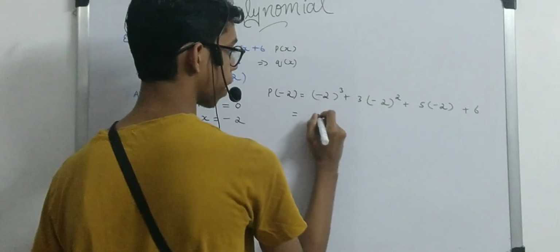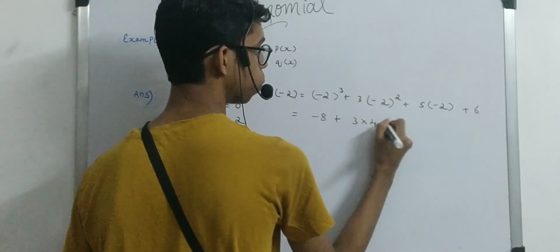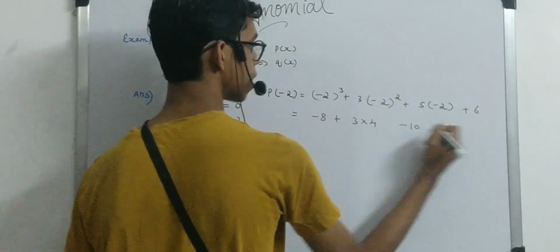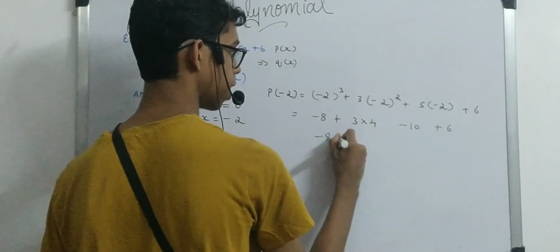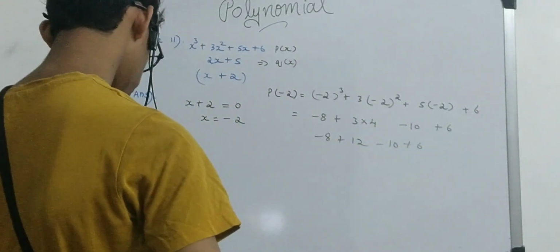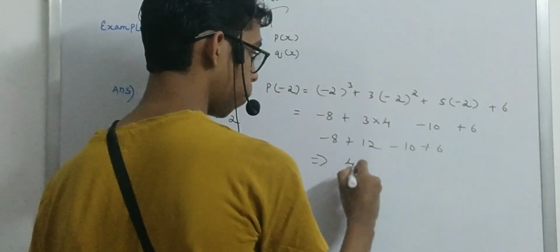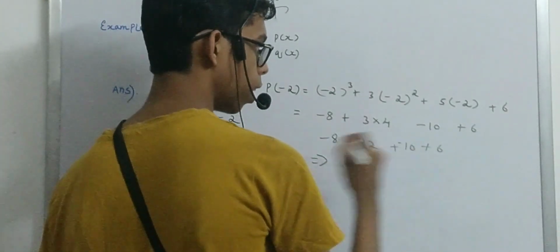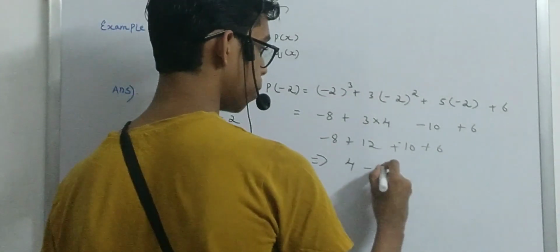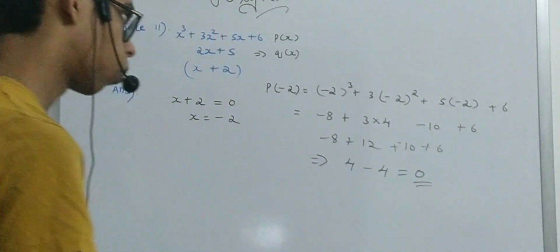When you open the bracket, you get minus 8 plus 3 into 4 plus minus 10 plus 6. Now minus 8 plus 12 minus 10 plus 6. Minus 8 plus 12 is plus 4, then minus 10 plus 6 is again minus 4. So 4 minus 4 gives us 0.